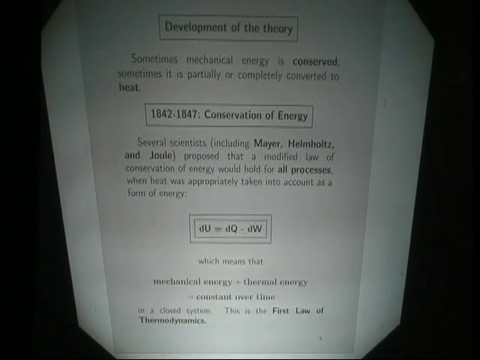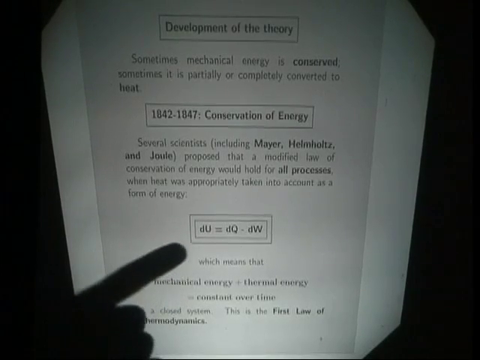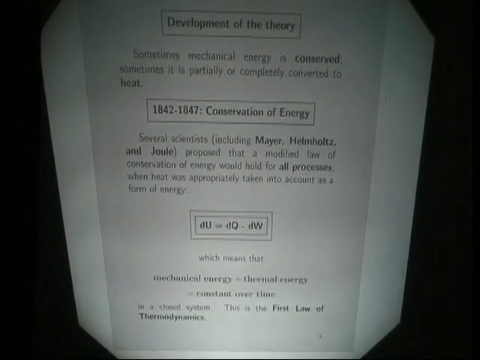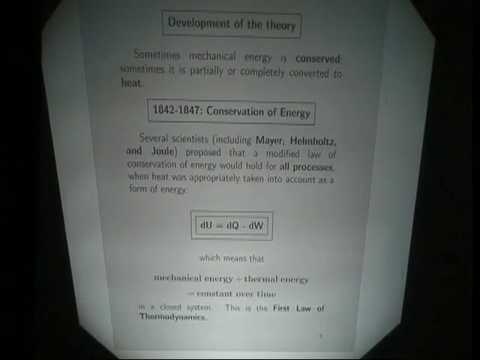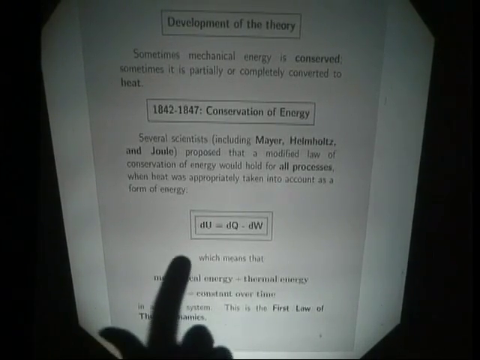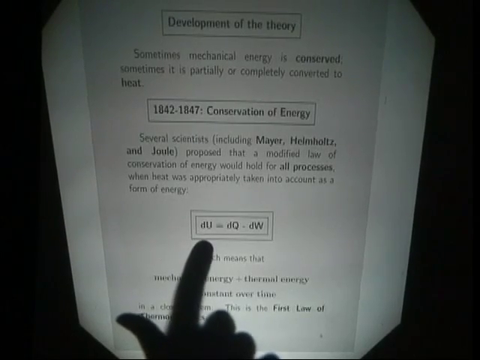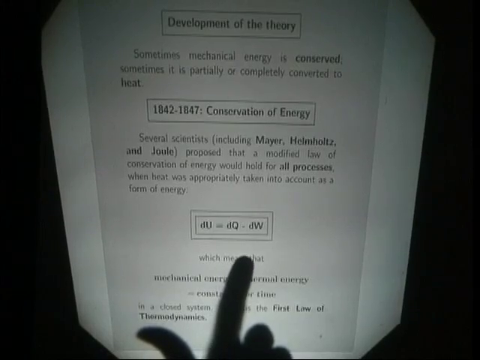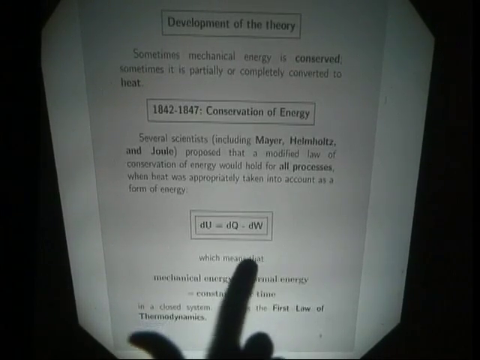They saw it as a sort of formal mathematical statement, just that you could mathematically define a function u which, in a closed system, just depended on things like the temperature and the potential and mechanical energy of the system as well, and that a change in one sector, like the heat sector, would always be compensated by a change in the mechanical sector.